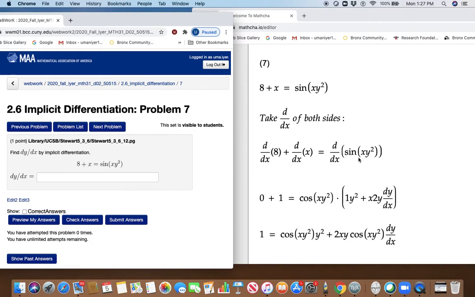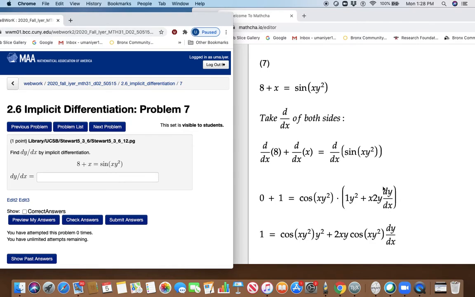So, outer derivative. Sine, derivative of sine is cosine, inside is as it is, times, now the chain part, derivative of inside, that's product rule. Derivative of the first, second as it is, plus first as it is, derivative of the second, so that's 2y and dy dx.